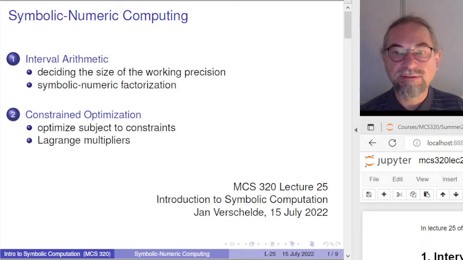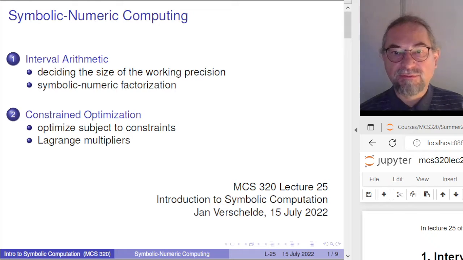I will motivate the use of interval arithmetic via the evaluation of an expression, and we will define yet another form of factorization, the symbolic numeric factorization.